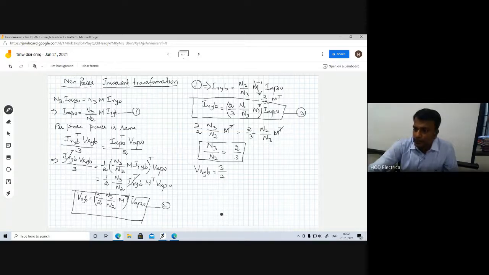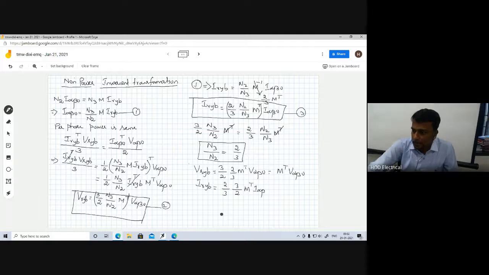That is nothing but M transpose into V alpha beta naught. Similarly, IRYB equal to 2/3 N2/N3, which is nothing but 3/2 and M transpose into I alpha beta naught. We can write it as M transpose into I alpha beta naught.